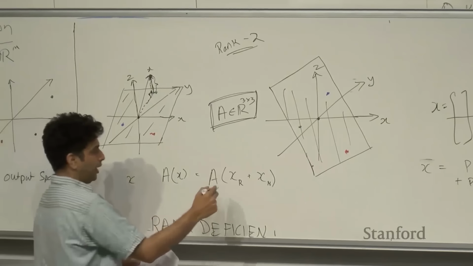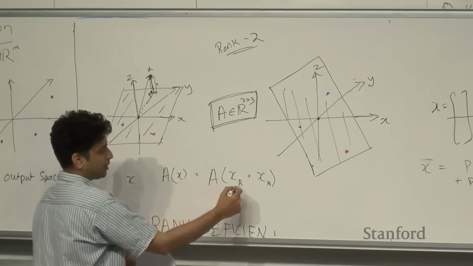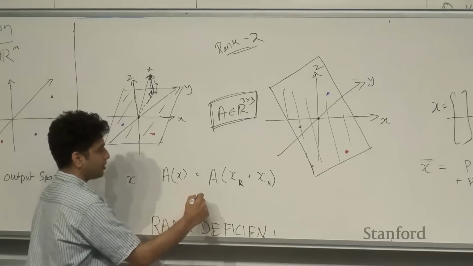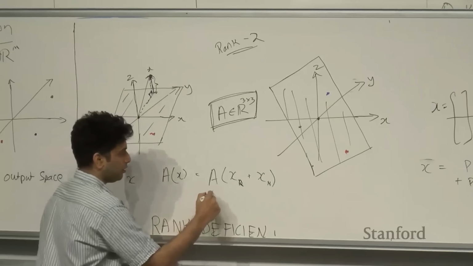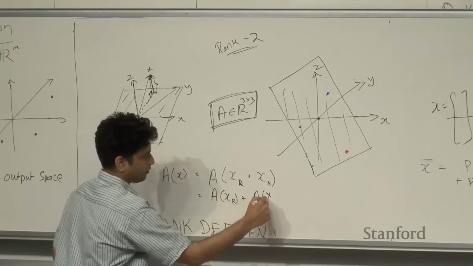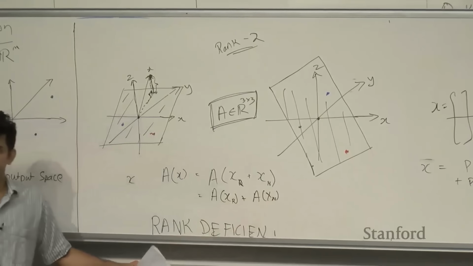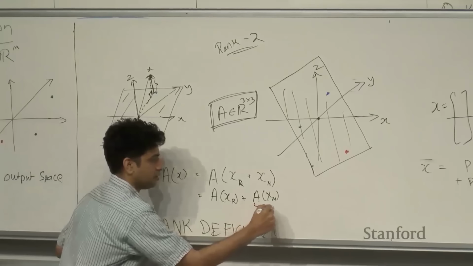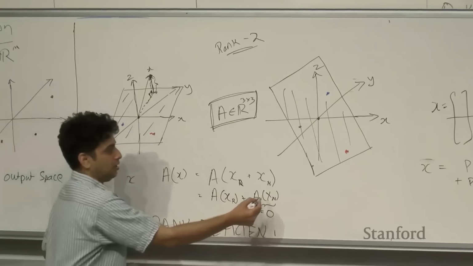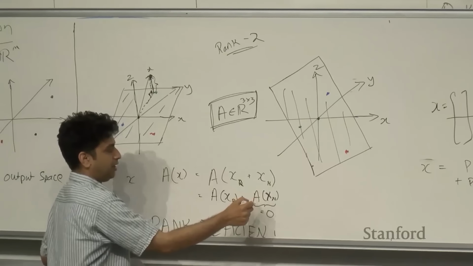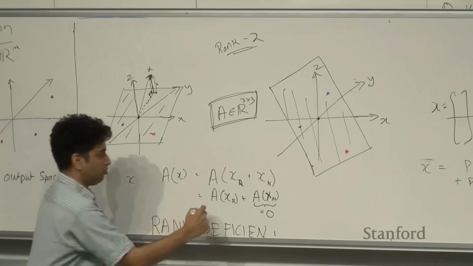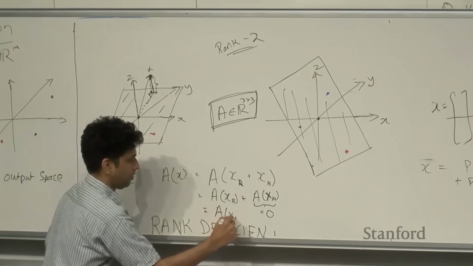And A of x, you can represent as the row space component plus the null space component. Because A is a linear function, you can write this as A of x_r plus A of x_n. And this is 0 because it is a vector in the null space. You multiply it by A, it always goes to 0. And so this is just A of x_r.